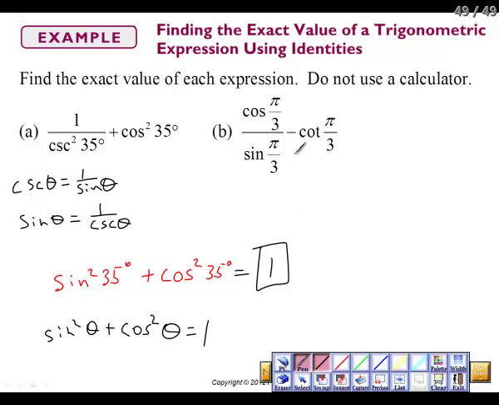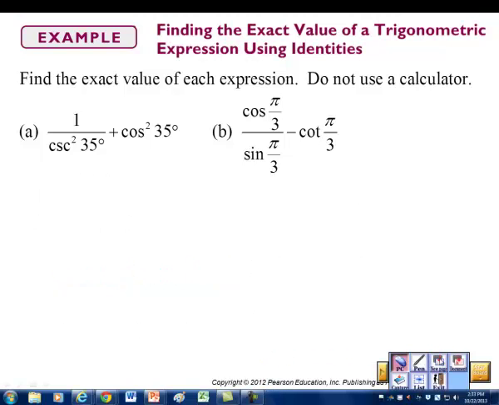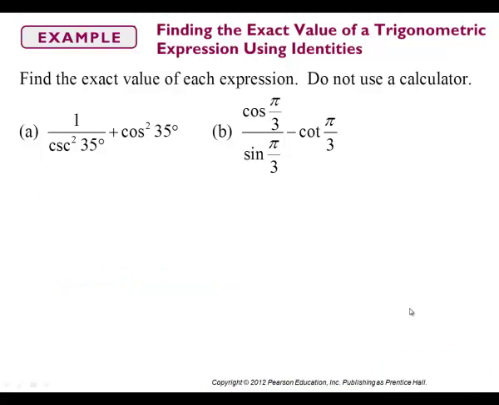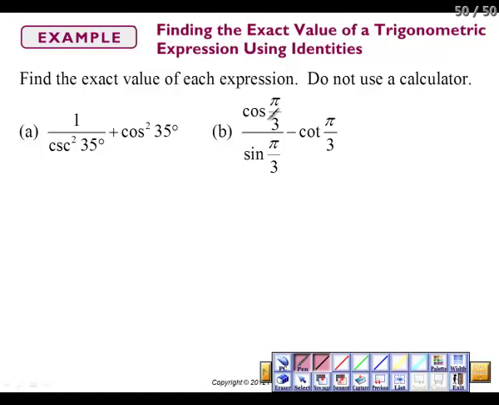Okay, and now let's take a look at B. Alright, here we have cosine pi over 3 over sine pi over 3. And we know that cosine theta over sine theta is equal to what?